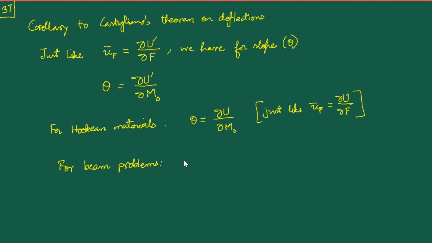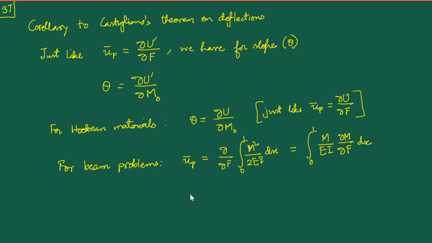we have this, U F bar, that is del del F of the integral of M squared by twice EI dx from 0 to L. We have seen that, and that turns out to be equal to the integral from 0 to L of M by EI del M del F dx.